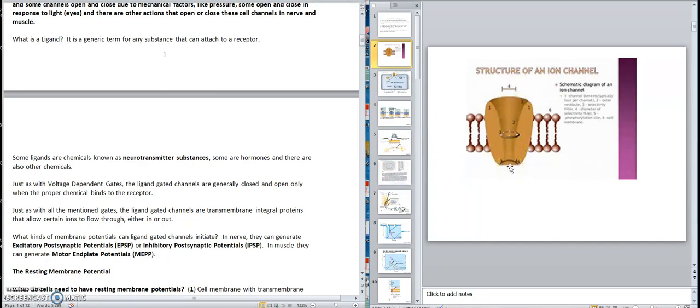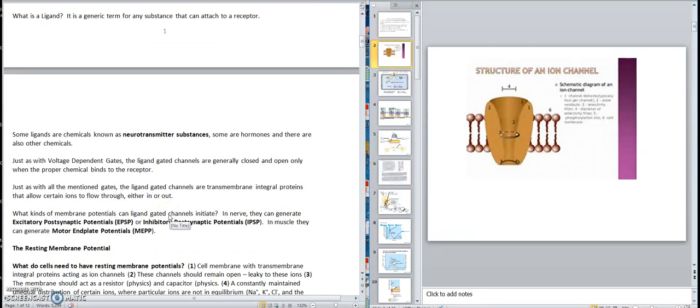So the difference is what makes them open. For the ligand-dependent gate, it's a ligand. For the voltage-dependent gate, it's voltage, threshold voltage. For the resting membrane potential, nothing, because the gates are always what? Open.